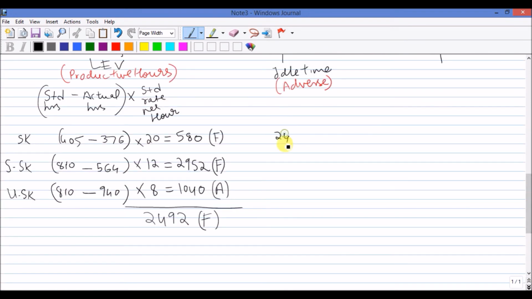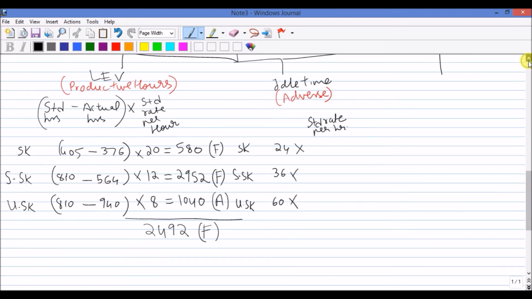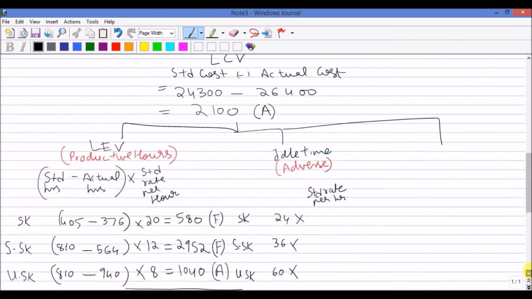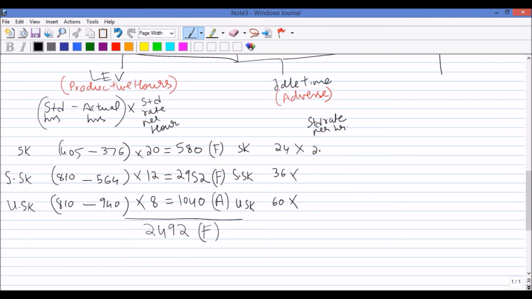This is for skilled worker, semi-skilled worker, and unskilled worker, and this you have to multiply by the standard rate per hour, where it is 20, 12 and 8. This is all going to come adverse.